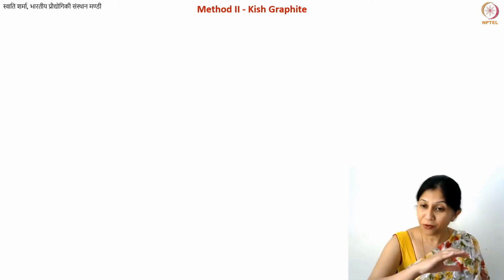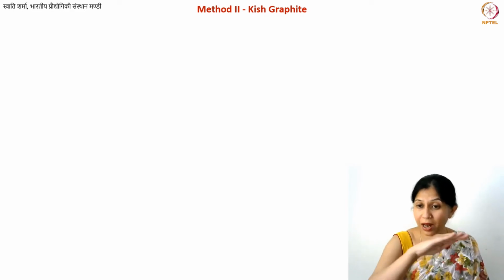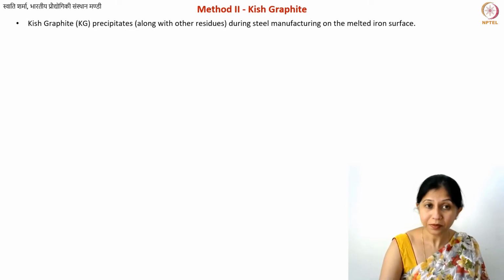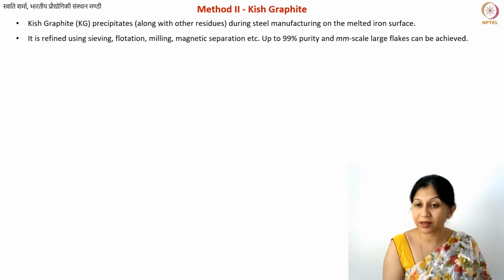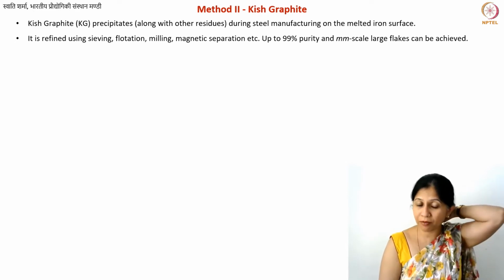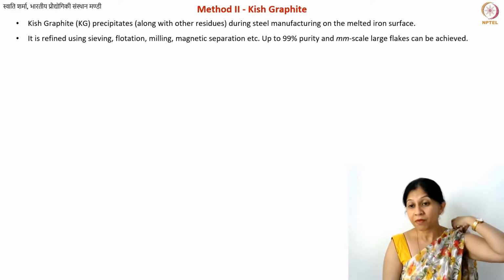So from that waste material, we collect the film of that waste that gets deposited, and then we extract graphite from it. How will you do that? Typically, you will use methods rather similar to what you do for graphite ores. Initially you do some sieving or basic filtration, but after that the primary method would still be flotation.